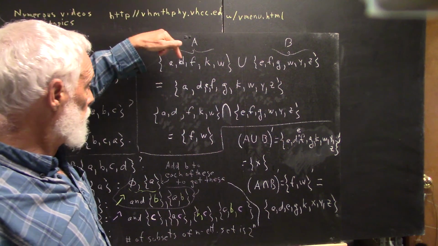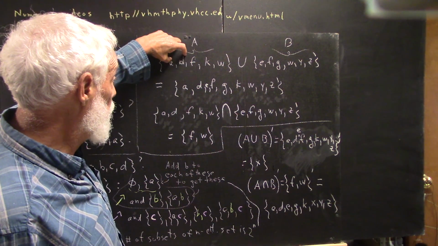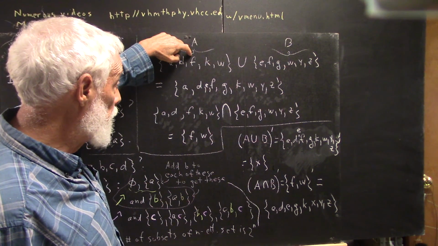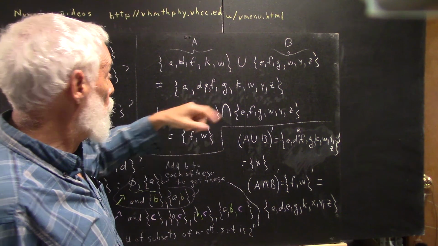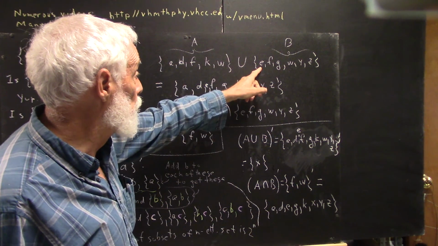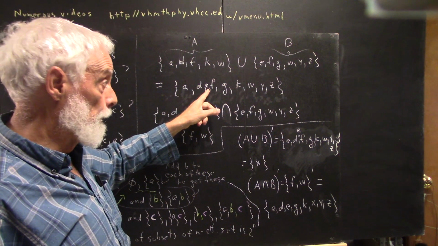So what elements go in the set? A and D, certainly, because they're in the set A. F, it's in both sets, but that doesn't change the fact that it's in one set. And also E. I tried to put them in alphabetical order, but I had to squeeze that one in.